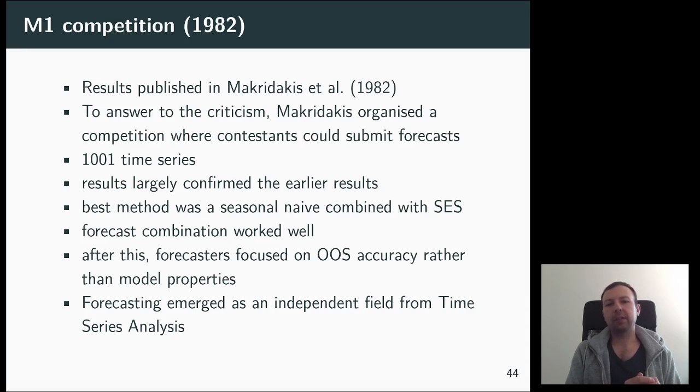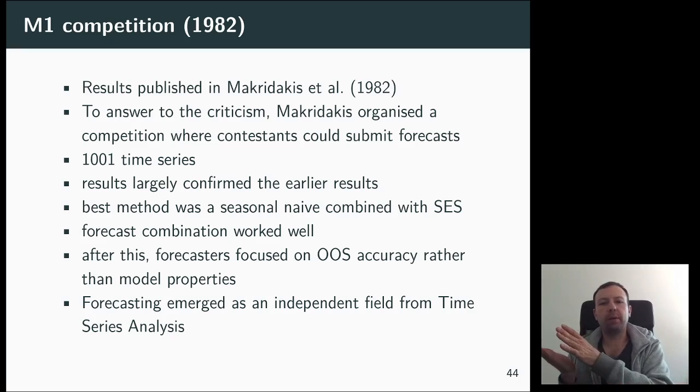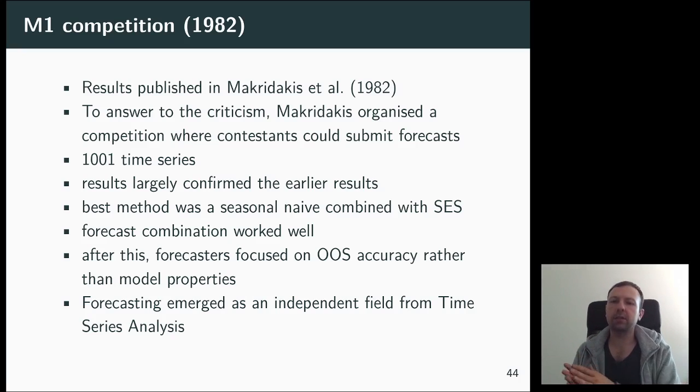And forecasting actually emerged as a field independent from time series analysis, because people now understood that wanting to really understand the dynamics of a time series and wanting to give you the best prediction are actually not the same thing. It's two different problems.